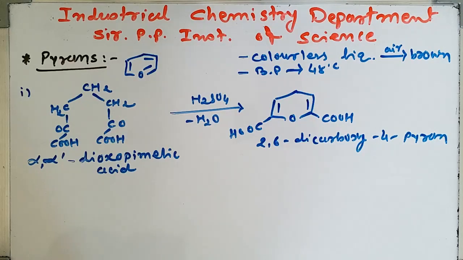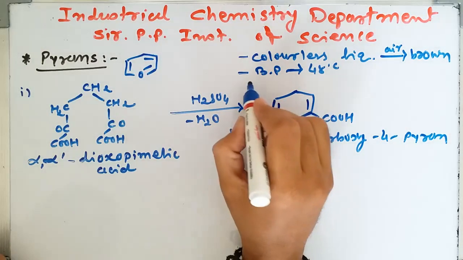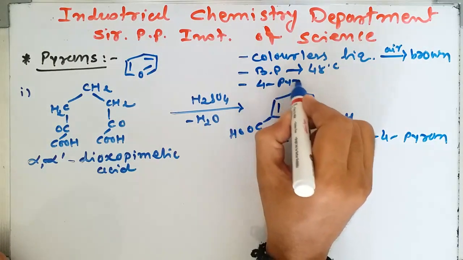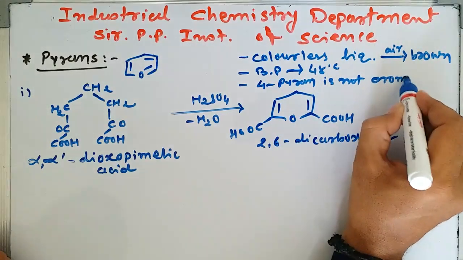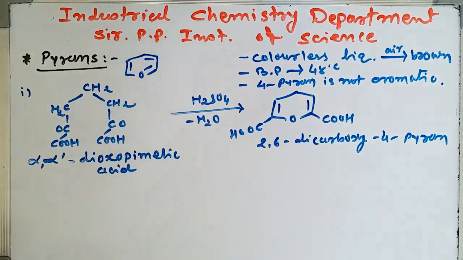However, if C4 is converted to a carbonium ion, it will become sp2 hybridized and would have an empty p orbital for cyclic overlap. So it is not aromatic. This is a very interesting and important point for pyran.